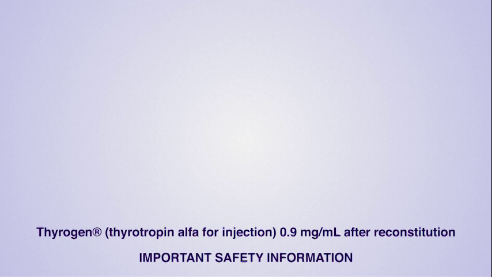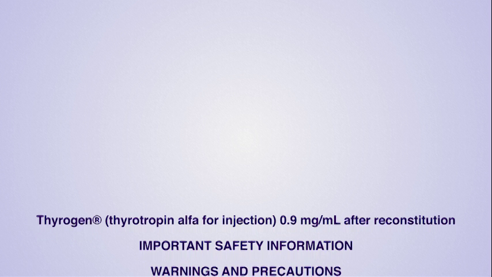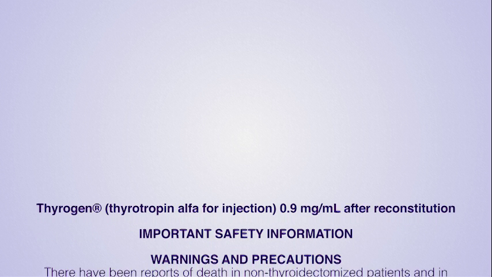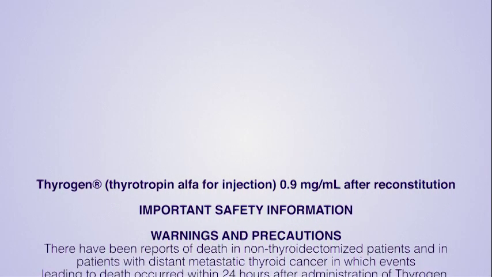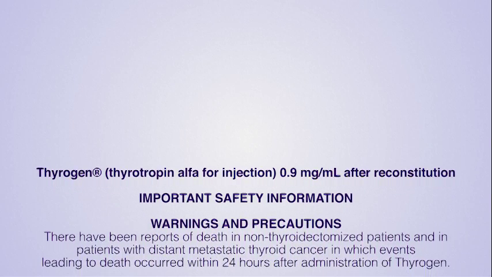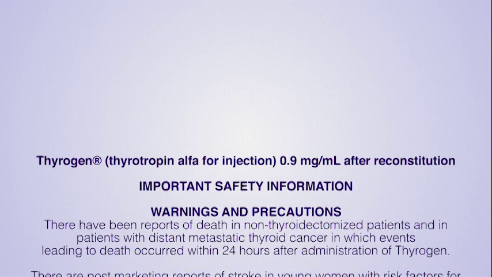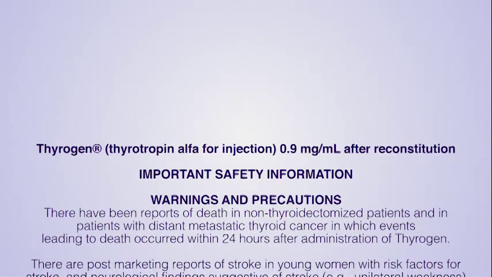Important safety information. Warnings and precautions. There have been reports of death in non-thyroidectomized patients and in patients with distant metastatic thyroid cancer, in which events leading to death occurred within 24 hours after administration of Thyrogen.